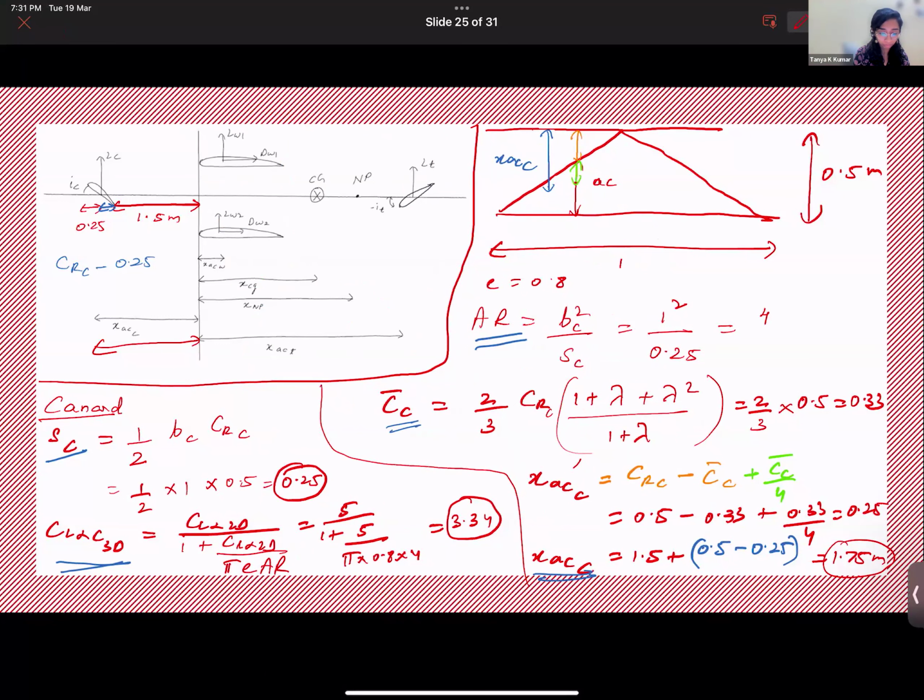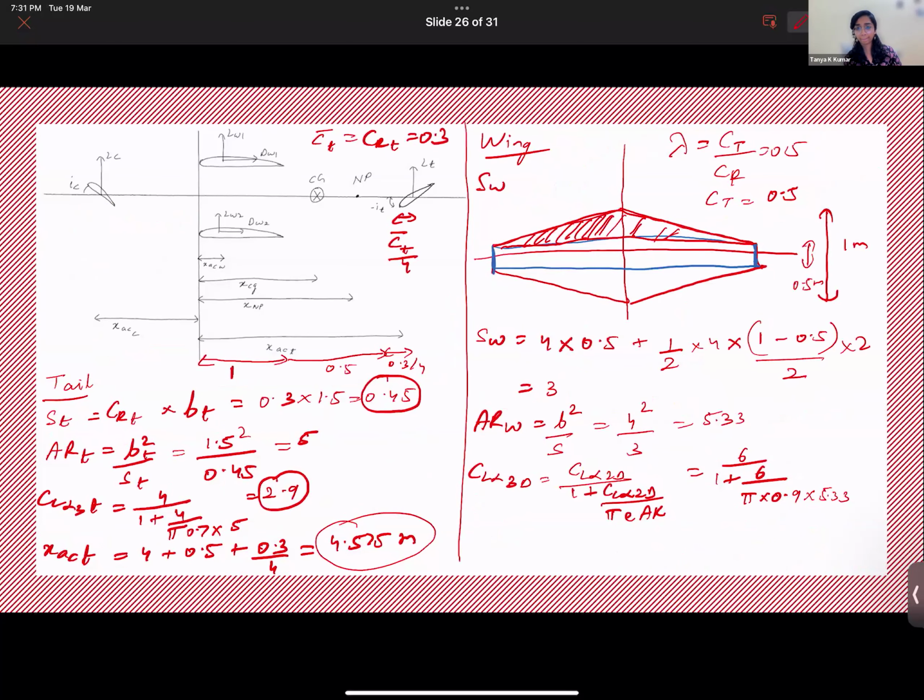Okay, what was this value? Where were we? Yeah. So what was this value? 4.29.